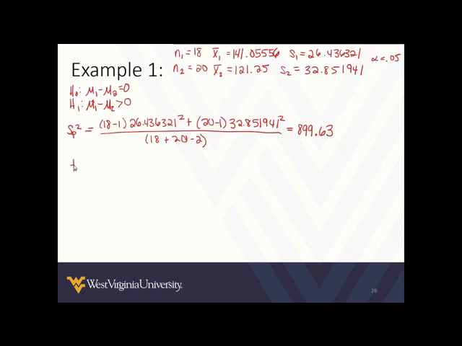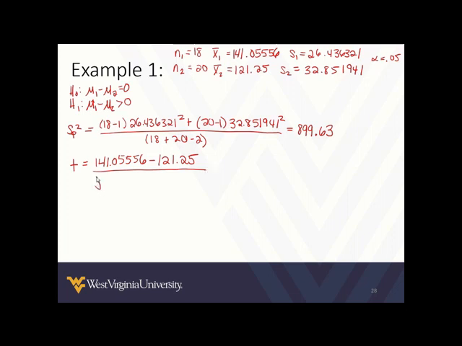Now we can calculate our test statistic, where t is going to be equal to 141.055556 minus 121.25. No established difference was given to us, so we just leave it as that.